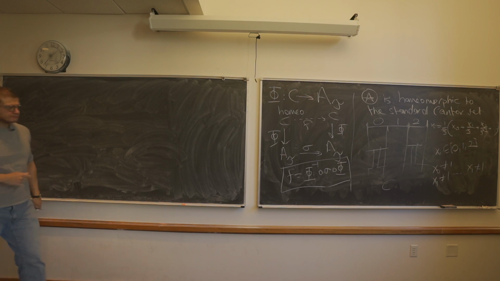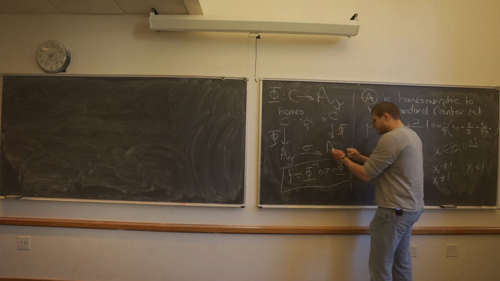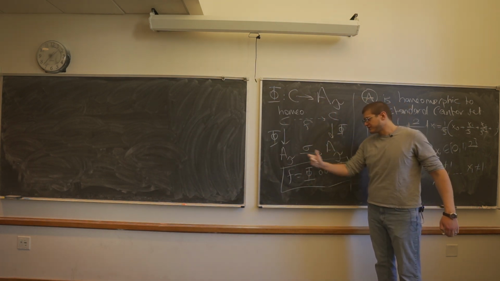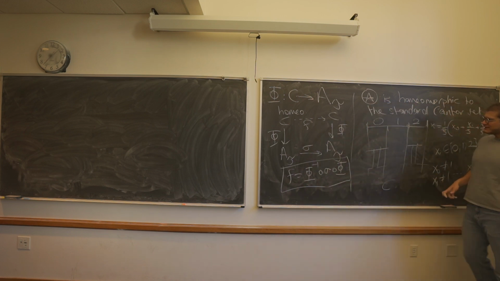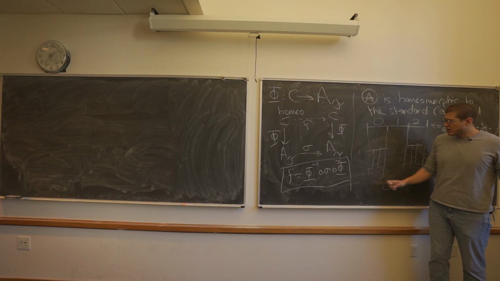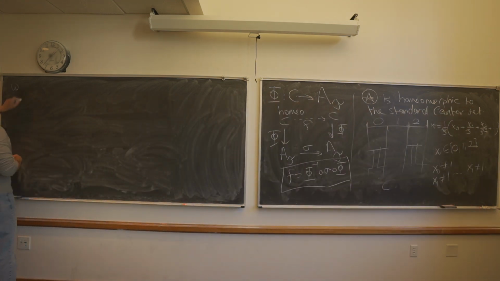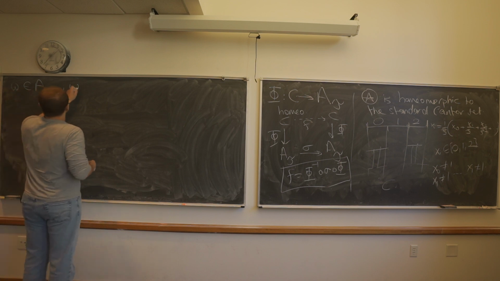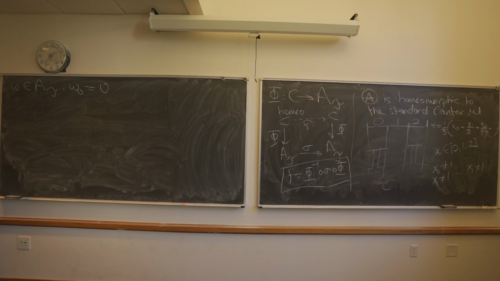Now let's think about this. If in my shift space, I start with a point, I can sort of test out how it works. Let's say that I take an omega such that the first entry of omega is 0.